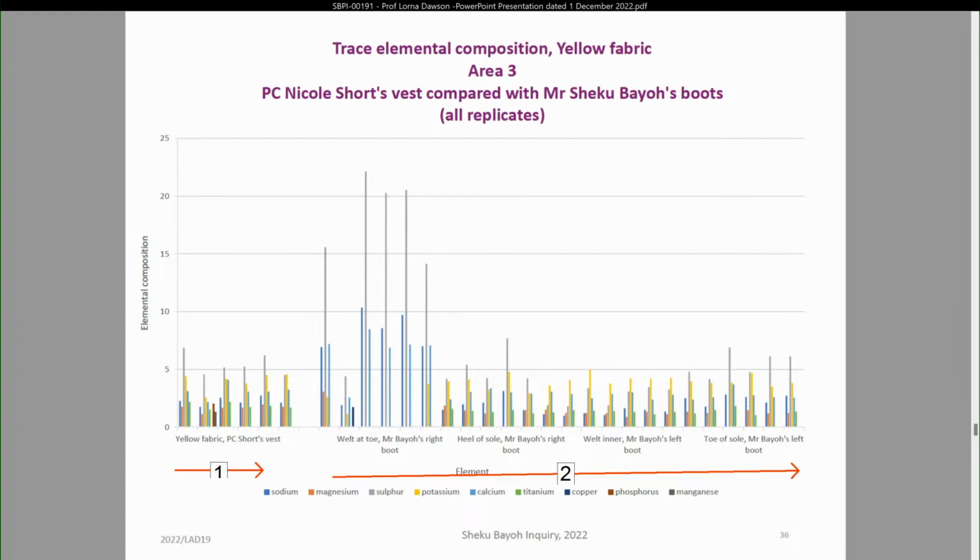So it's narrowing down on that source comparison, and you can see that the soil from the welt at the toe is different, while you can see again in more detail that there's a high degree of similarity or comparability between the soils that were on the heel of the sole of Mr. Bayo's right boot, the welt of the inner of Mr. Bayo's left boot, and the toe of the sole of Mr. Bayo's left boot, with the yellow fabric area 3 on PC Nicole Short's vest.